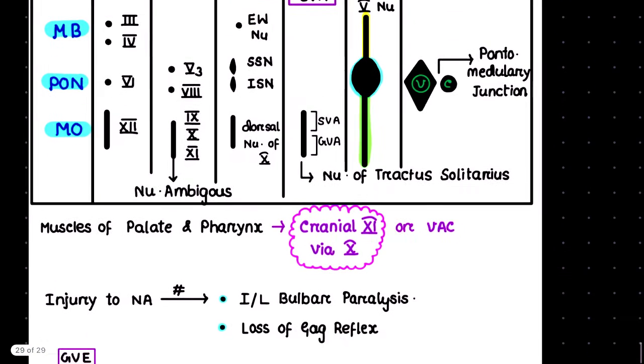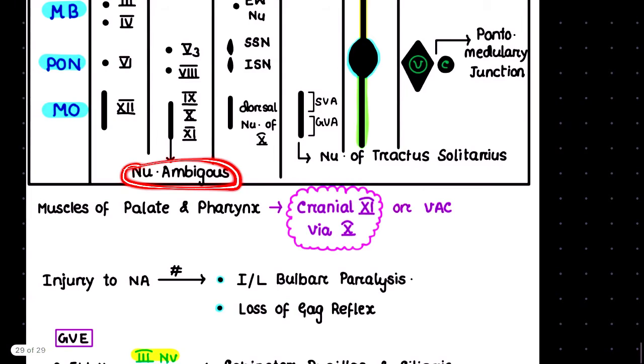Now what will happen if there is an injury in this region, in the place of our nucleus ambiguus?